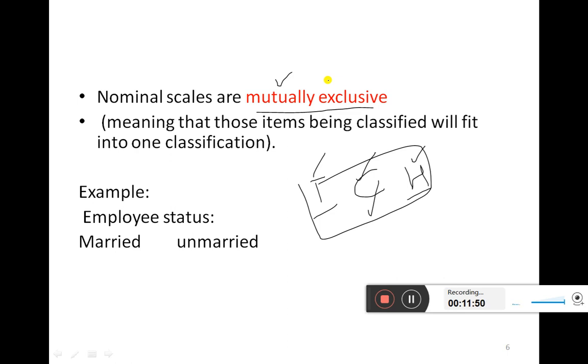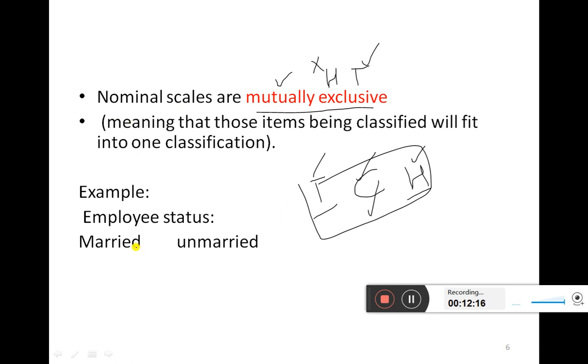A coin has two sides, one is head, one is tail. If head is occurring, it can't be possible that tail will occur. So head and tail are mutually exclusive. That is known as mutually exclusive. Nominal scales are mutually exclusive.